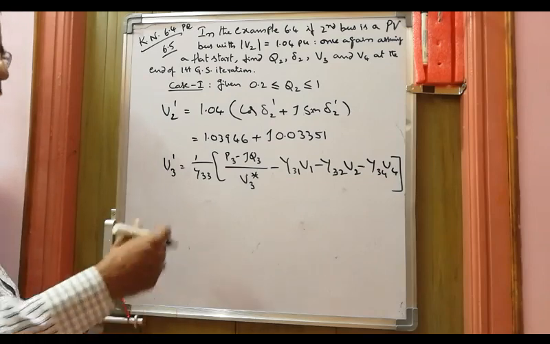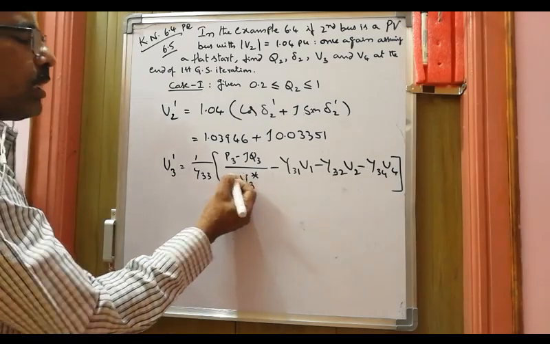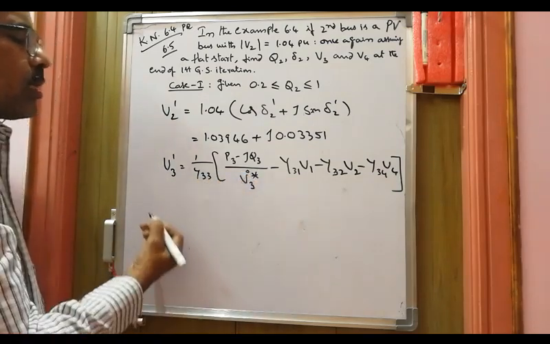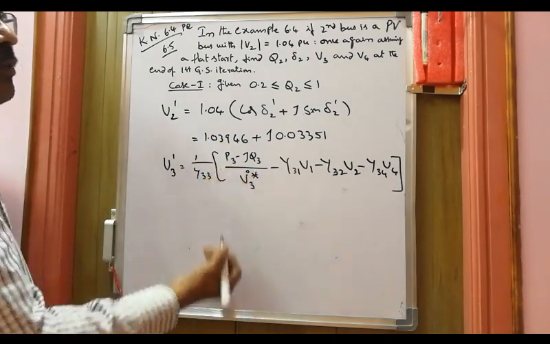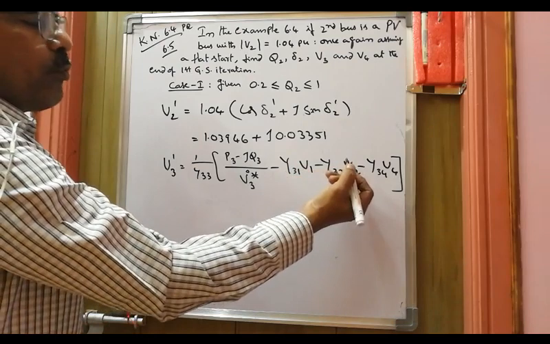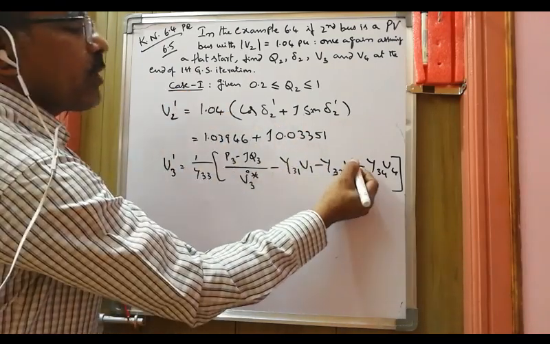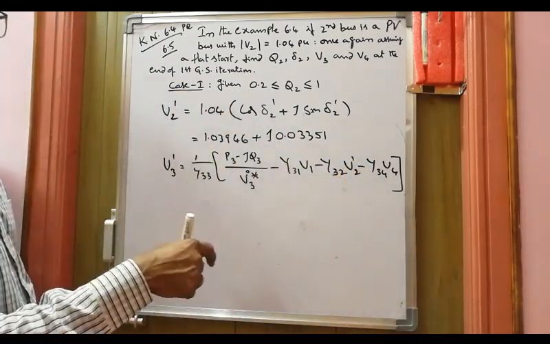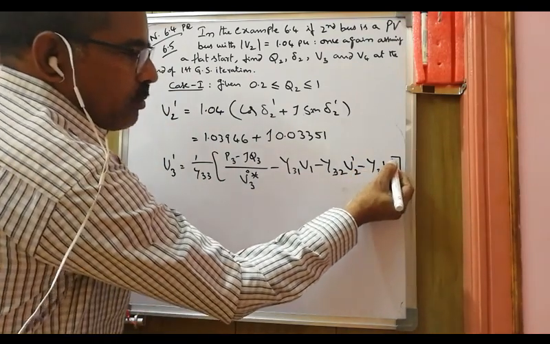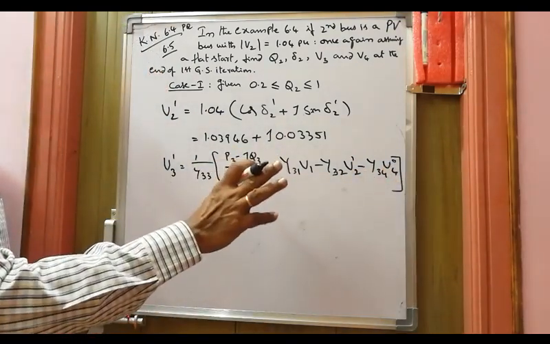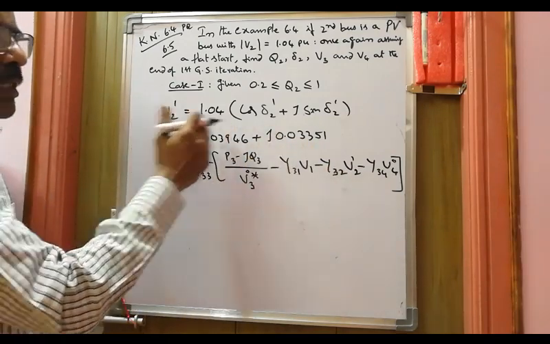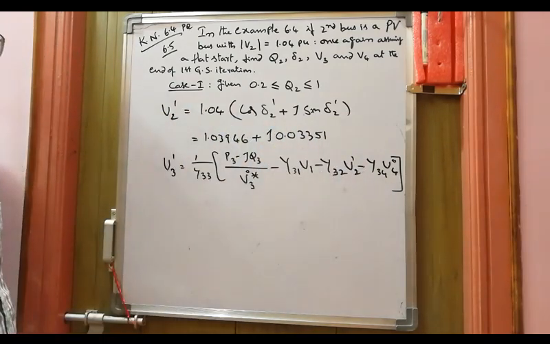Then how do you substitute the values? V3, it is 0 only. So far the latest available is only the initial value. V1 is the slack. V2 1 is available, so V2 1 is to be substituted. V4 0 only. So the latest available values. V2 alone is updated, so V2 is to be substituted there.